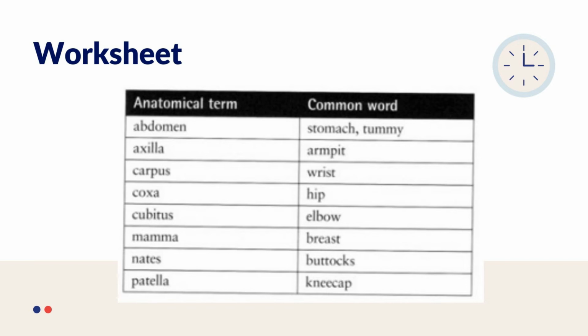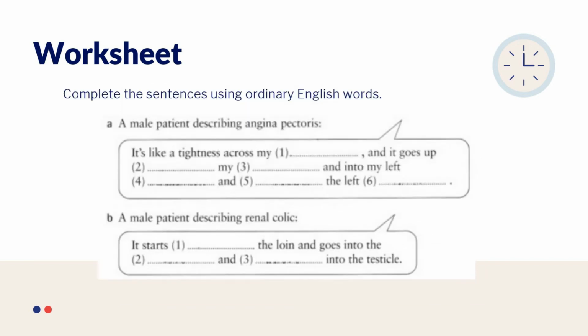Okay, I hope you did it right. For our next exercise, we have sentences you have to complete. I'll give you another 5 minutes so you can read carefully and answer this exercise.